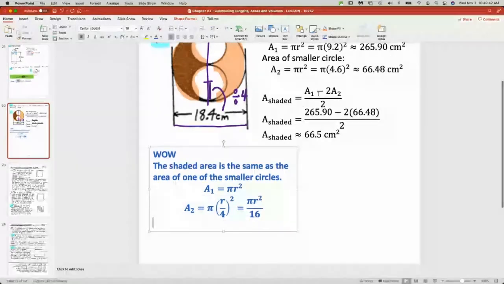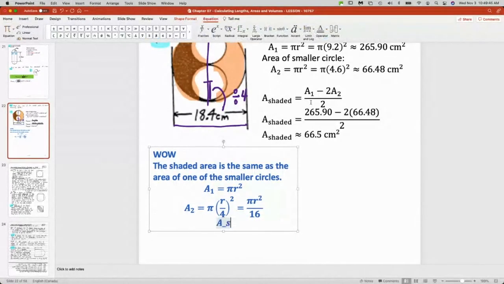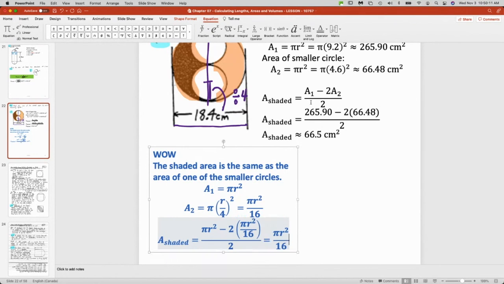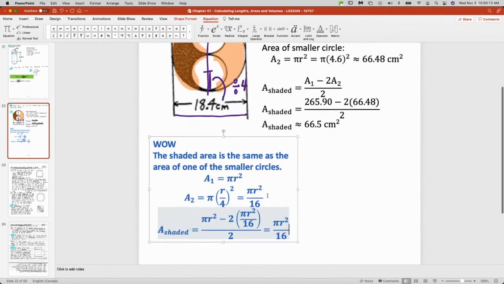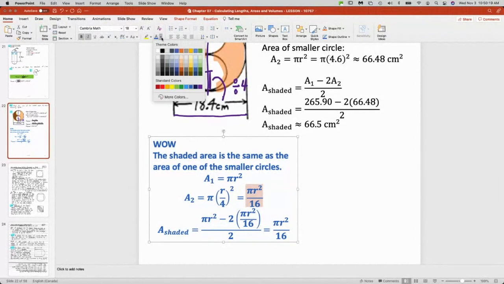And if you plug that into this formula here, then you end up with pi r squared minus 2 pi r squared over 16, divided by 2. And all of the stuff cancels out and cleans up nicely. And then you get pi r squared divided by 16. You see? That's why, okay? I did a little proof here. This thing in blue here, don't worry about it.